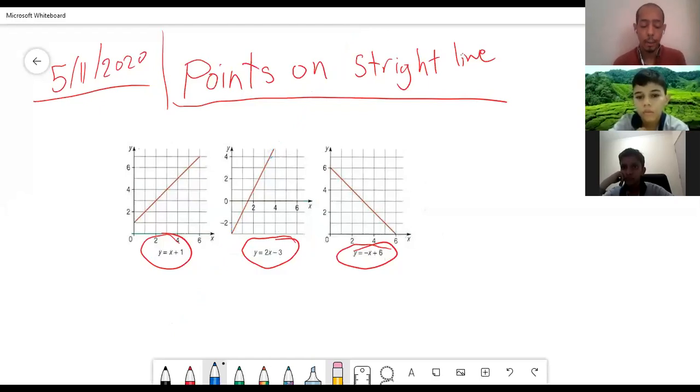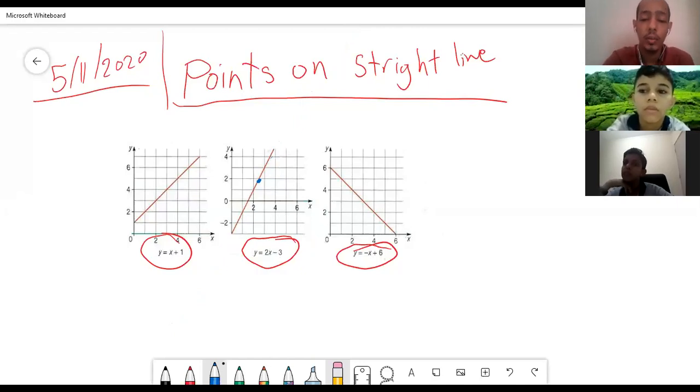So what are the points? For example, if I want to know the coordinates of a specific point on the line, I need to refer to the function. Then the x and y coordinates for that point must satisfy the function. What does that mean?